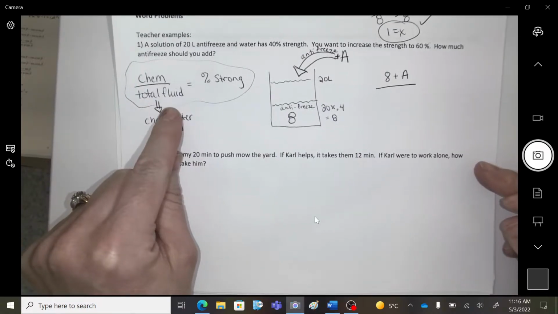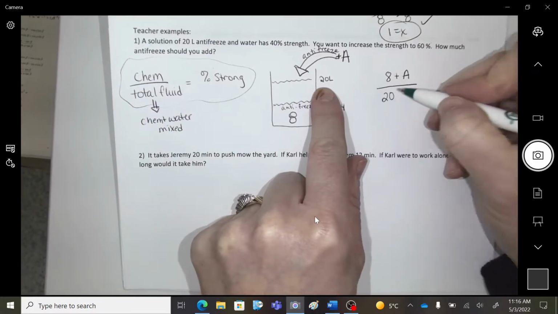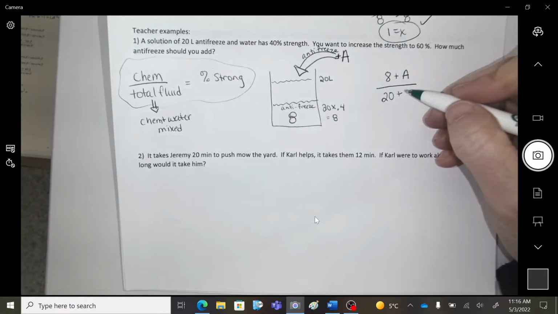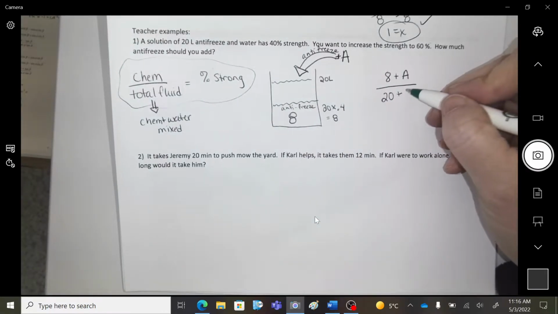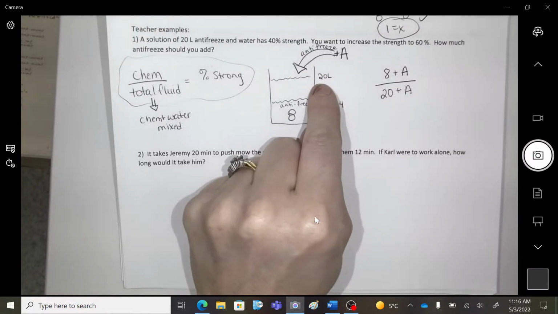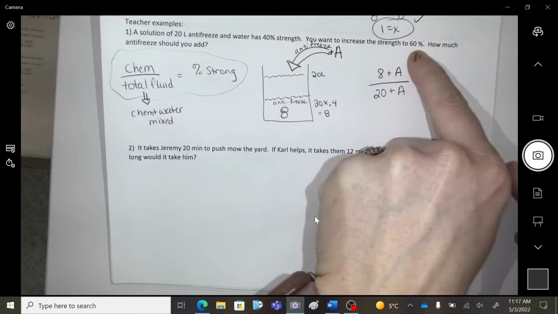So how much fluid did I have at the start? 20. But when I was adding chemical, my fluid was also increasing. Right? That 20 is not going to just stay there. It's going to go up, up, up because there's more fluid. I don't care what kind of water or chemical, the fluid is still going up. And I want to end up with 60% strength.